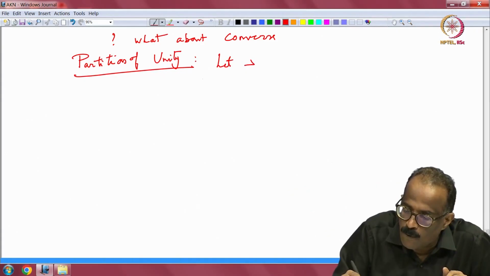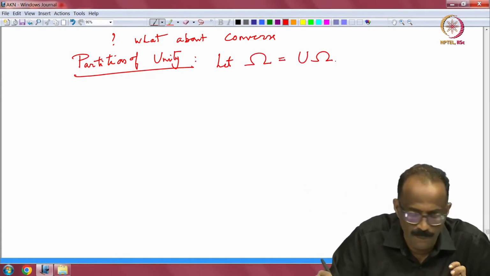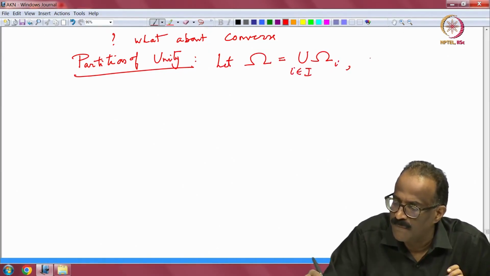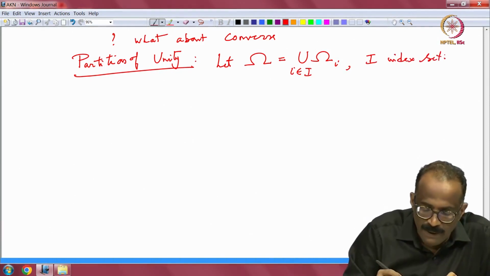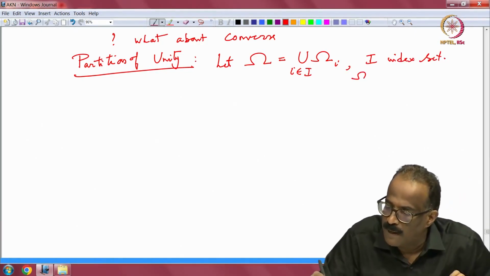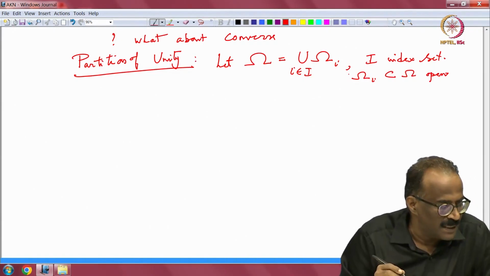Let omega be equal to the union of omega_i, i in I, where I is an index set. Of course, each omega_i is open in omega; all are open sets here.